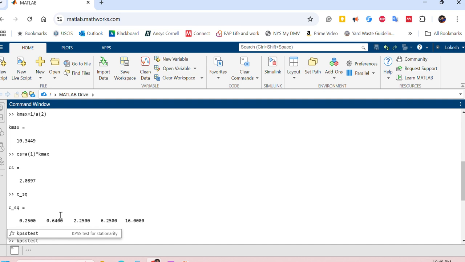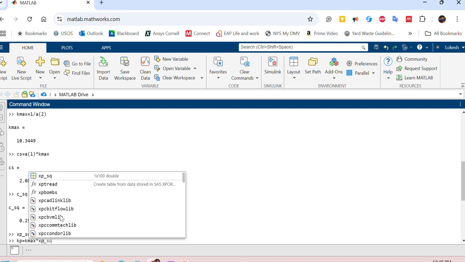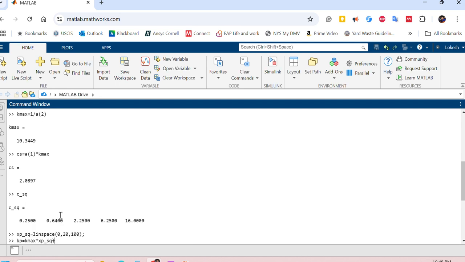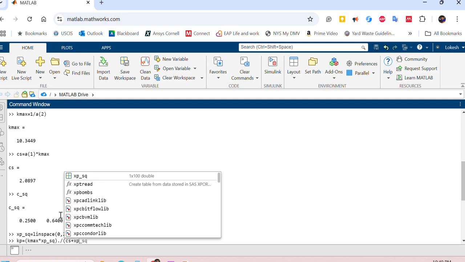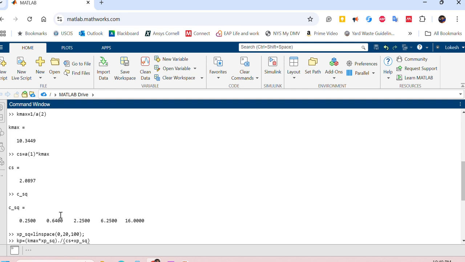So I would just call it kp is going to equal to my k max times whatever my xp squared values are, and I should close this parenthesis here, and then I have to divide this whole thing by cs plus c squared, which is going to be xp squared in our case here, right?